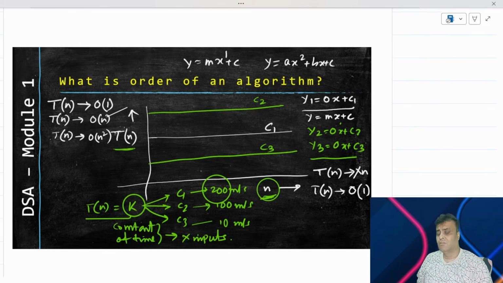If the equation is a quadratic equation, then the order becomes order of n square, and so on and so forth. And we have also explained how and why a curve which is y equal to mx plus c, and another curve which is also following y equal to mx plus c but with a different slope, can be considered the same as far as asymptotic equations are concerned.